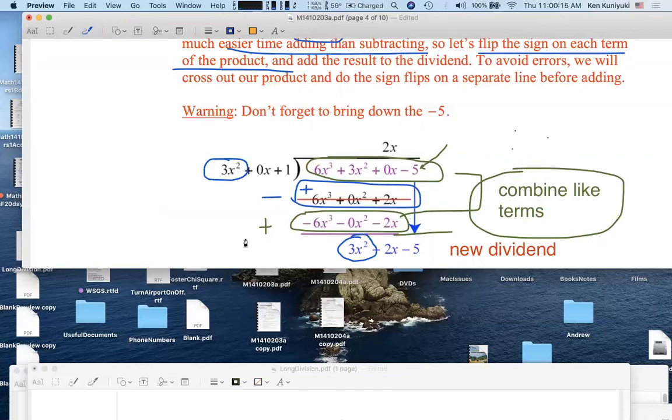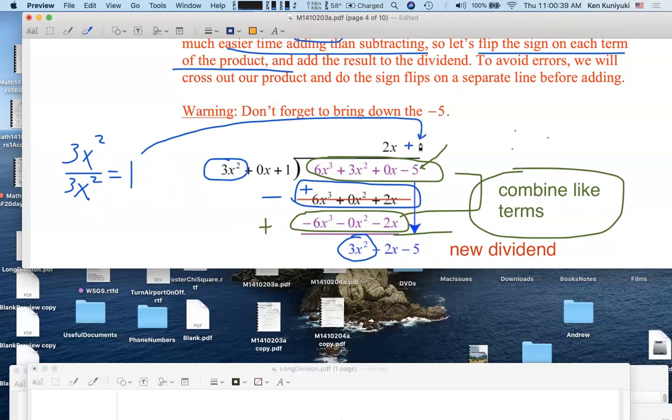This should be straightforward. What is 3x squared divided by 3x squared? What's a guy divided by its twin? It's 1. And no, there's no hidden restriction issue here. All right. So that's going to be another term we're going to put in the quotient.